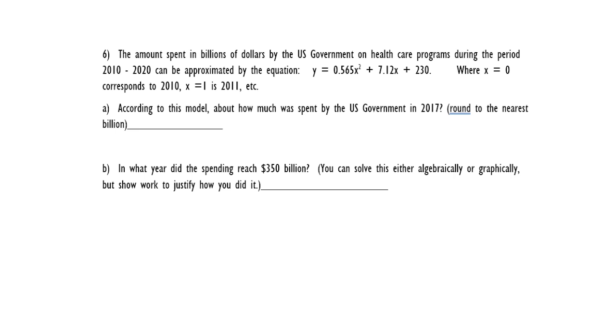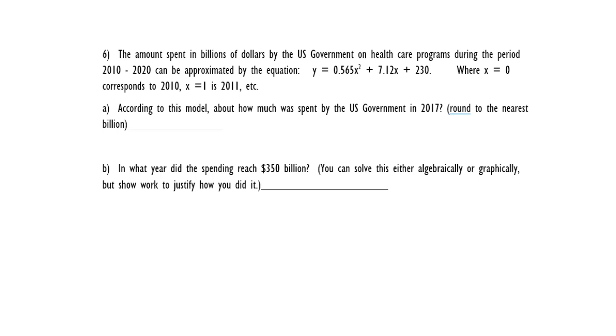Now my Y value represents how much money they're spending in billions of dollars. So I'm going to peek ahead a little bit at this second question. It says, in what year did the spending reach 350 billion? That's giving me a hint of what to set my window to.